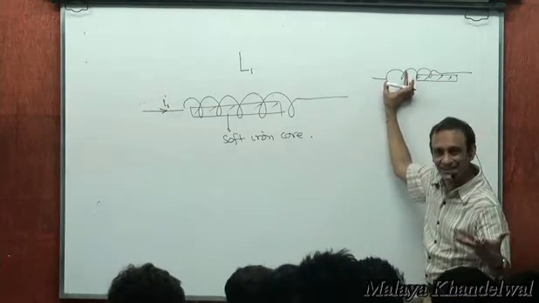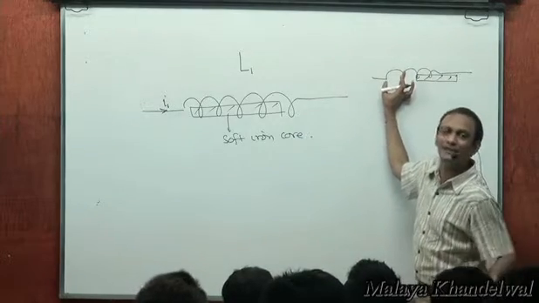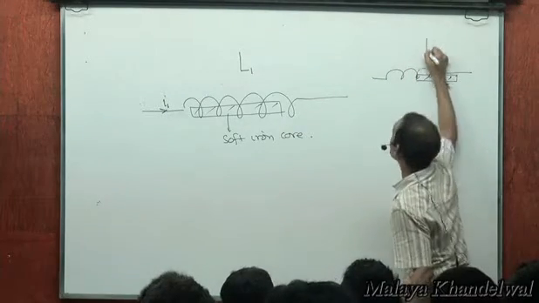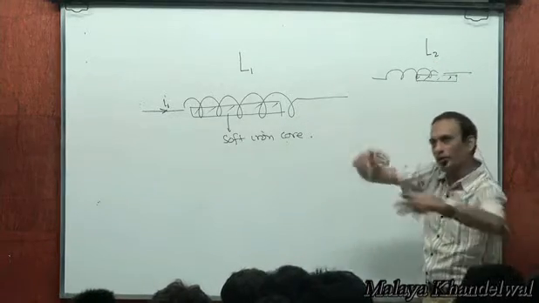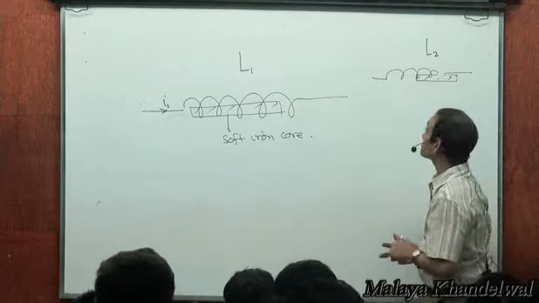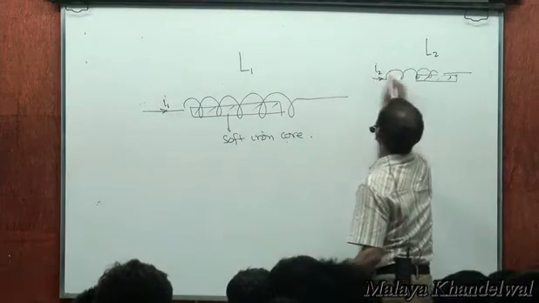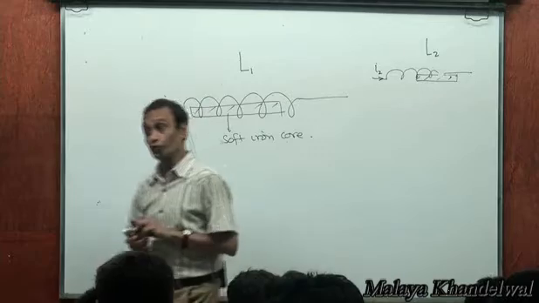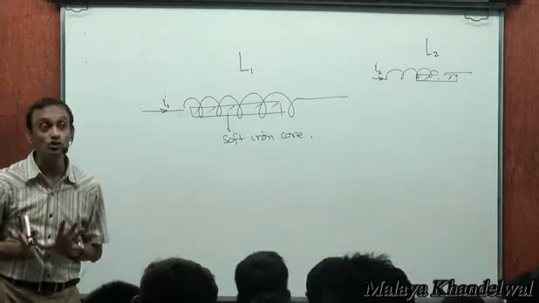So the inductance will change. It could be treated like a variable L. So let's say L becomes L2 by pulling part of the soft iron core out, and the current changes to I2.